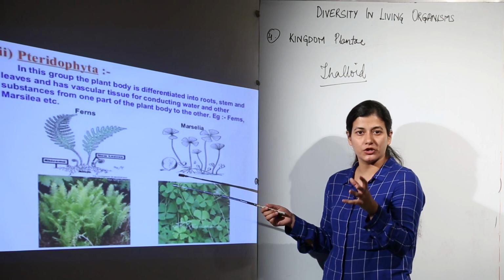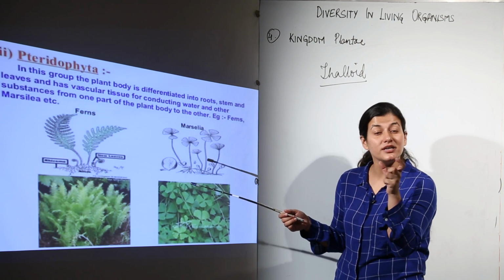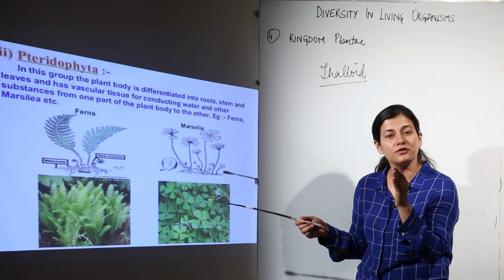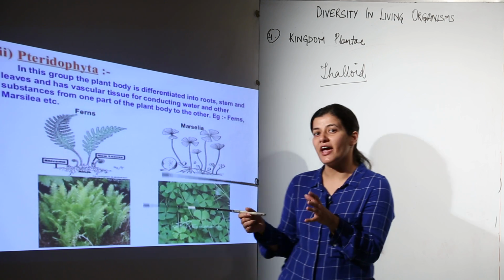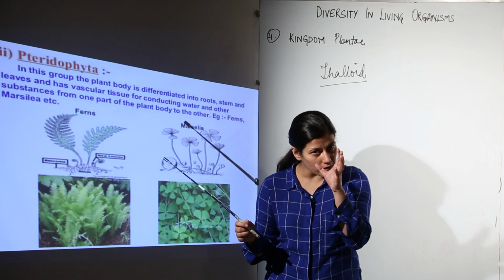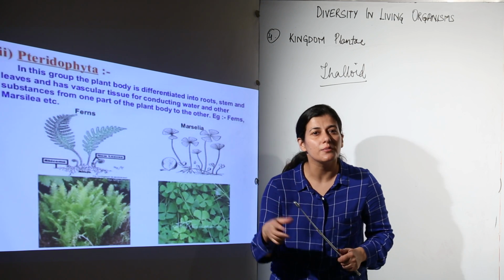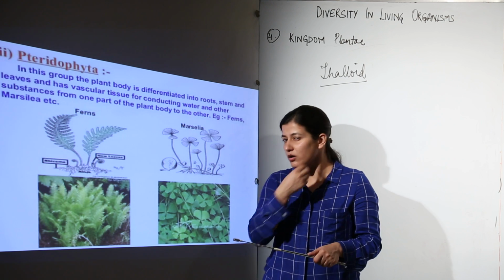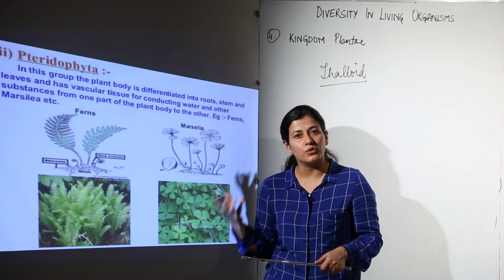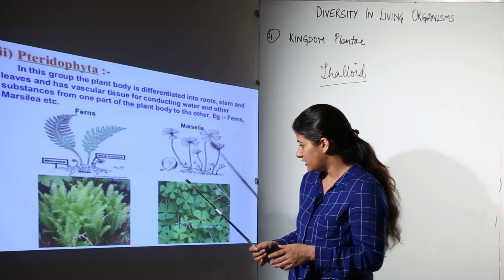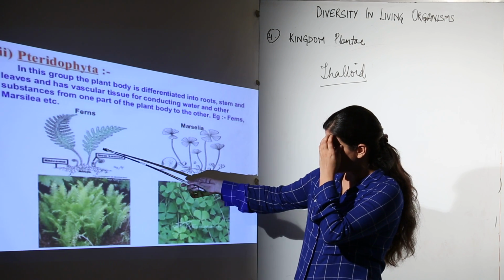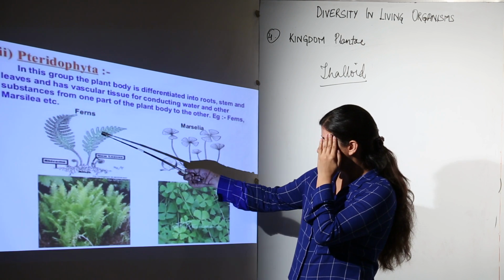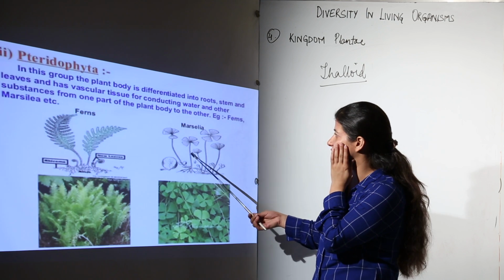In this group you are going to find some primitive tissues which are responsible for conduction, and the pteridophytes include the ferns, which are importantly garden ornamental plants. You must have seen in most houses the garden is very well adorned with many ferns, and they look like this. These are the ferns basically. There is an example of ferns given and Marsilea given.